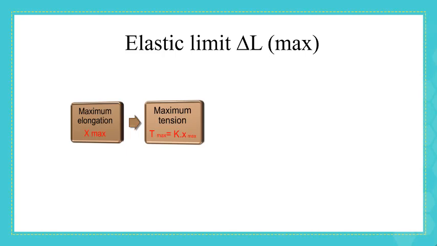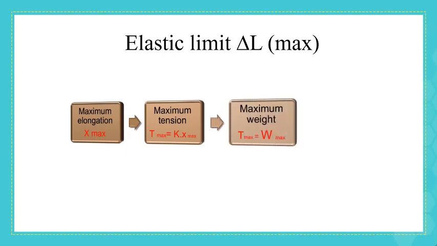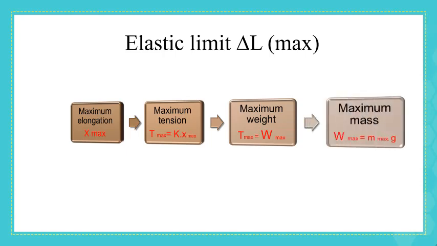But if that maximum tension is not given, then you can know it from the condition of equilibrium, where you can know it from the maximum weight. So T maximum is equal to the weight maximum. And if the maximum weight is not given, then you can apply this formula for the maximum weight: mass times gravity.